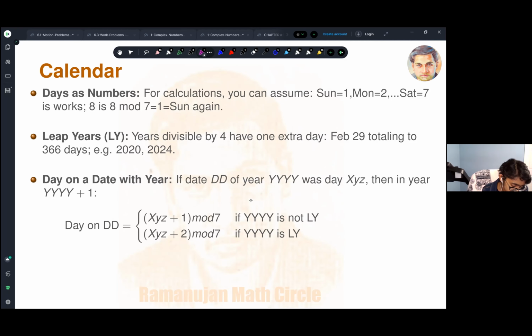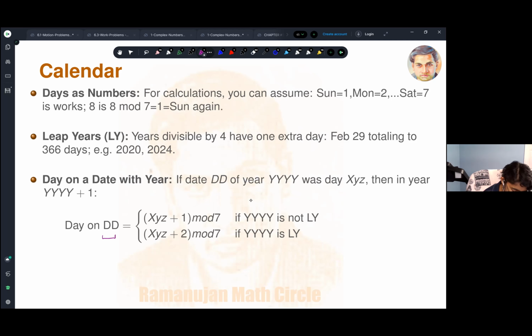So, the day on a date with a year. If there's a date like X, Y, Z, what this is trying to say is that the day on a certain date in the next year is X, Y, Z plus 1 mod 7, if the year is not a leap year.